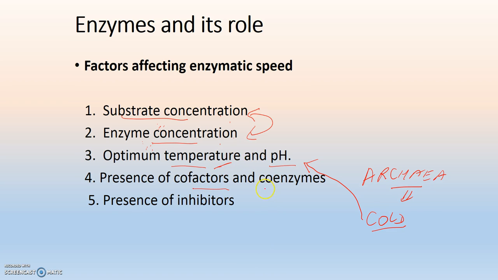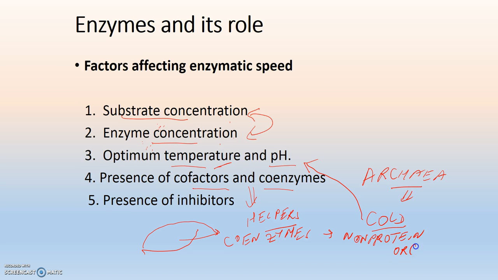Okay, cofactors and coenzymes. Cofactors and coenzymes are helpers. They don't interfere, but they help an enzyme work better. Cofactor is like a big umbrella, all right? It's a big umbrella, and cofactors are many types. So cofactors can be coenzymes. And what are coenzymes? Coenzymes are non-protein organic molecules.